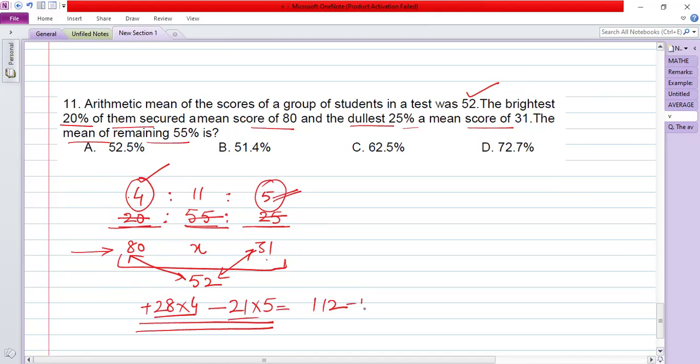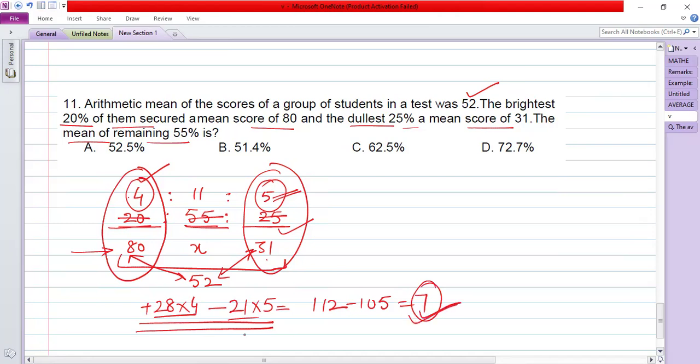And this is 105, so the net is 7. What it means is that the top 20% and the dullest 25% have a surplus of 7 as compared to 52.